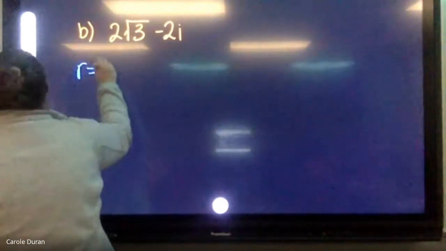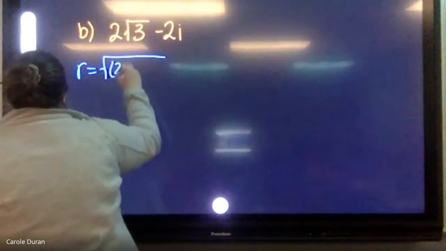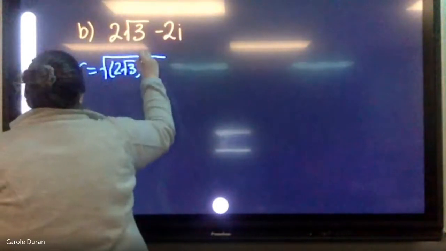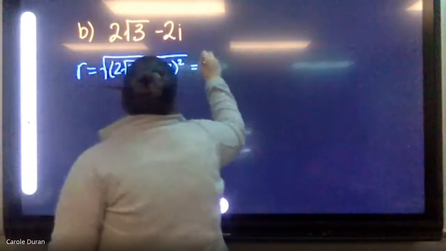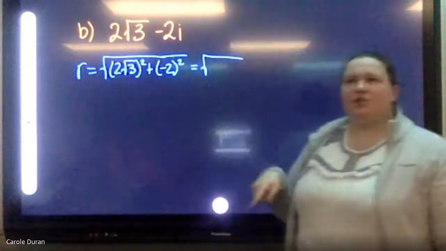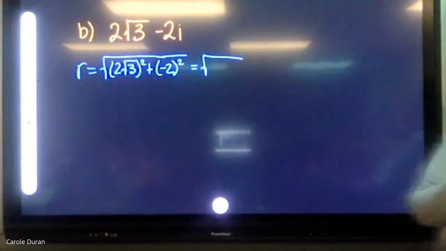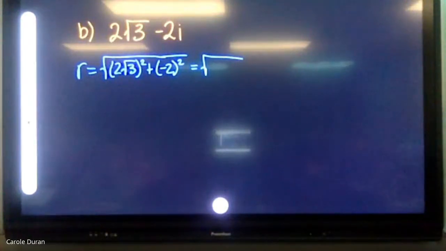Solve for r. What is r equal to here, Becca? So it's going to be the square root of my first term squared plus my second term squared. What's 2 root 3 squared? Square root of 12.